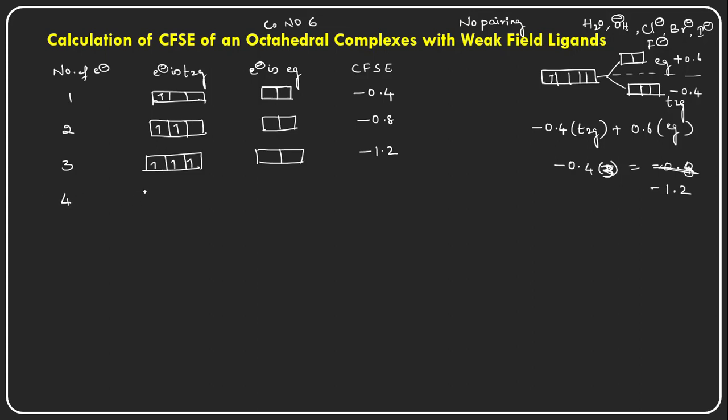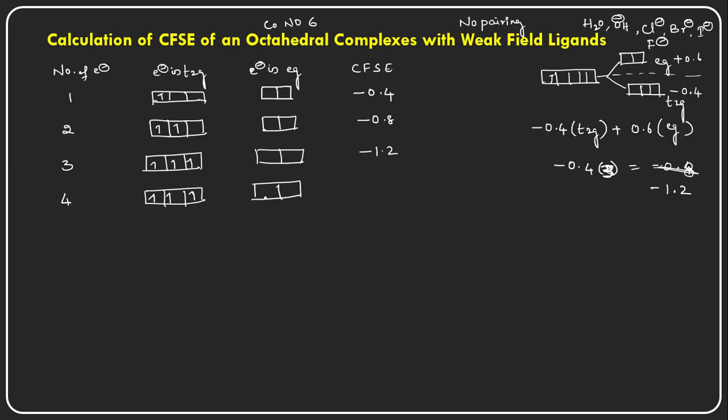And where will the fourth electron enter now? If the d orbital of an octahedral complex has 4 electrons and it has weak field ligands, where will this fourth electron enter? Here there is no pairing, like in the previous one.